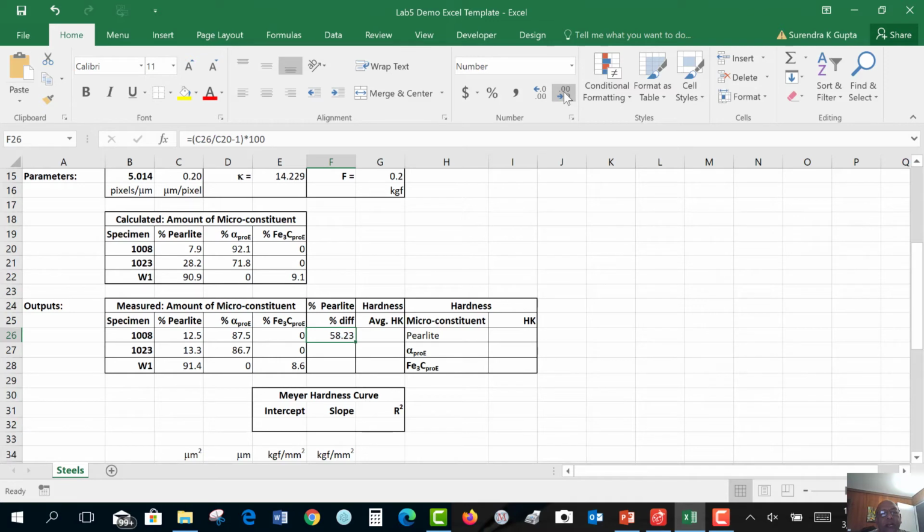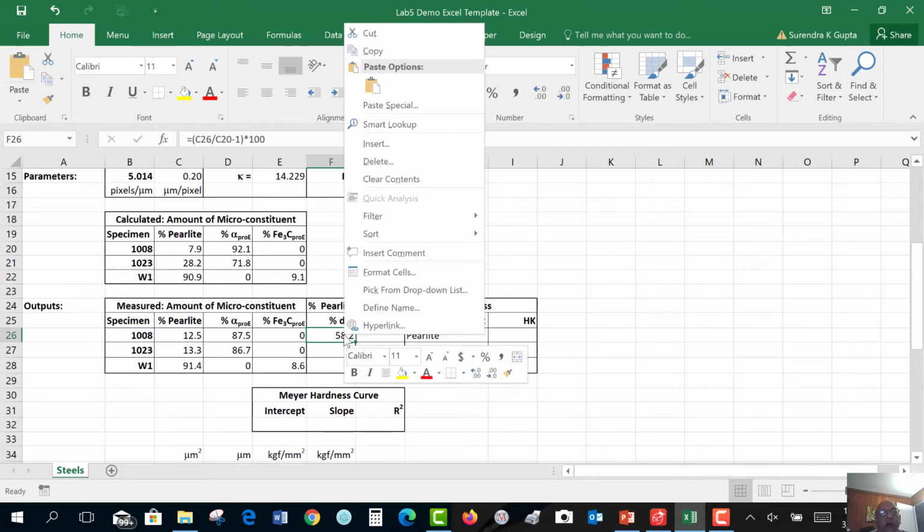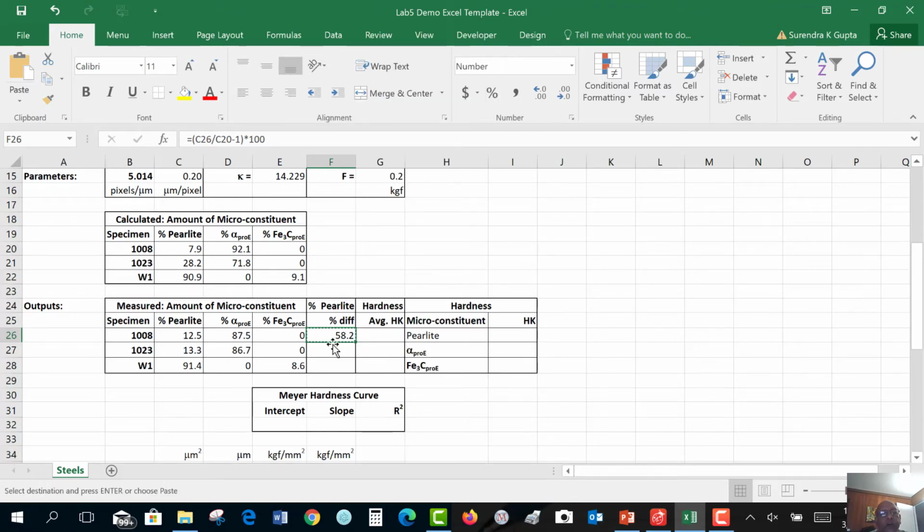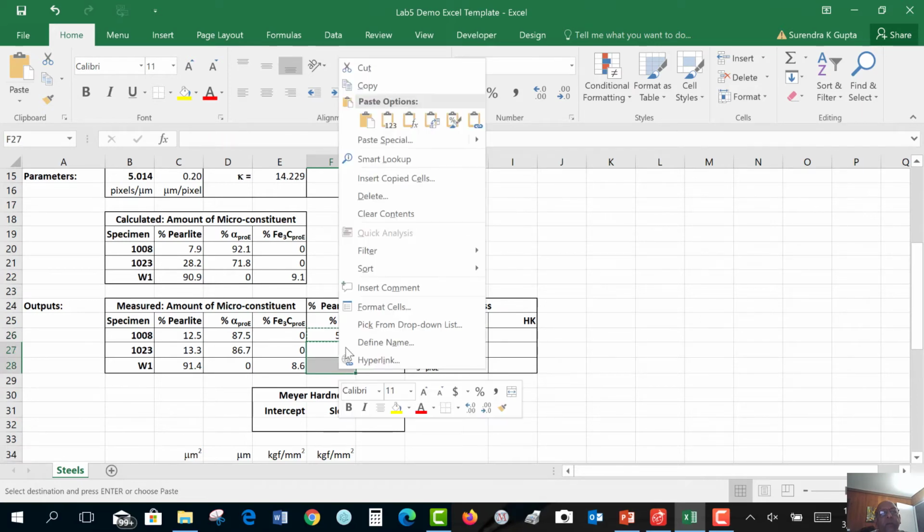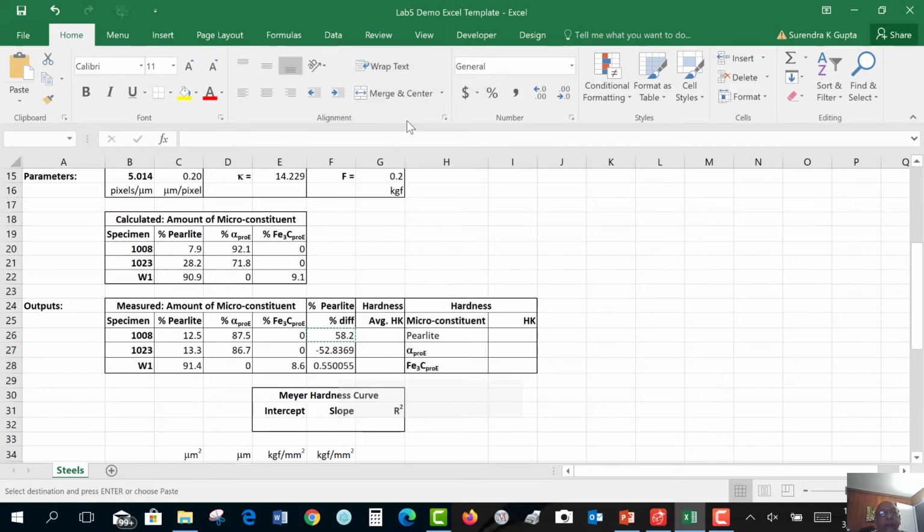Of course, this is a very large difference, but let's go ahead and copy this formula only.